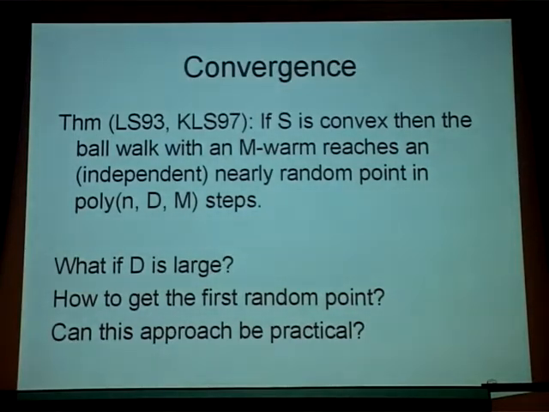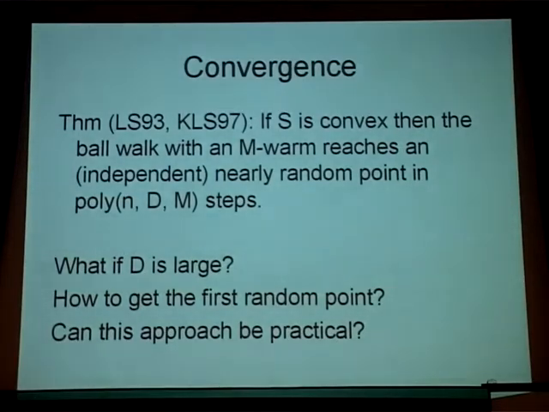Or if you start from a random point, you'll reach another nearly independent random point in a polynomial number of steps. And then there are many questions here. How do you get the first random point? Is this really practical, or is it some polynomial bound? What if the diameter is very large, and so on? I won't address all these issues. They're discussed both in this survey and in another one on geometric random walks.